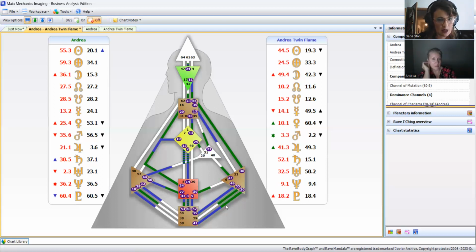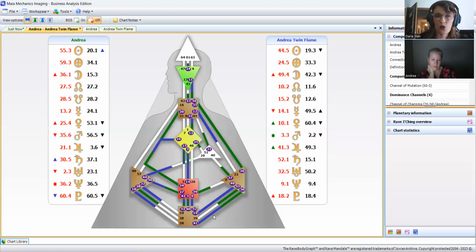And then gate 41. Gate 41 is the only love gate in the whole system, and he has it and you complete it on the other side with gate 30.